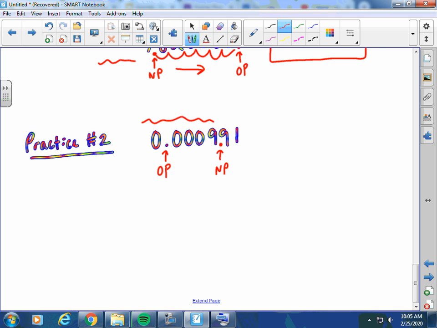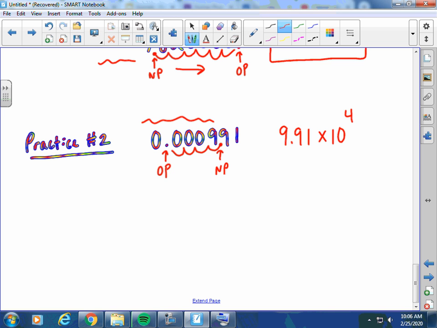Now I can write my new number, 9.91. And it's always going to be times 10. And then work back in time, start from the new point, go back to the old point. 1, 2, 3, 4. 4 is my exponent.